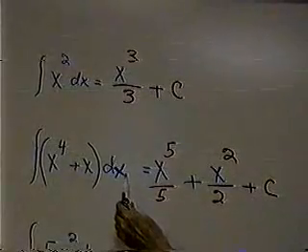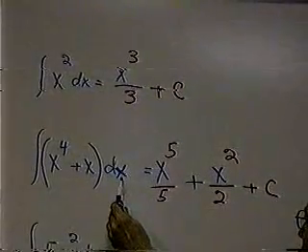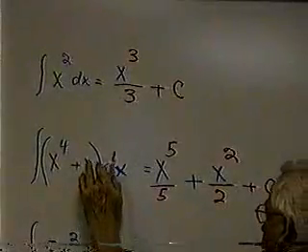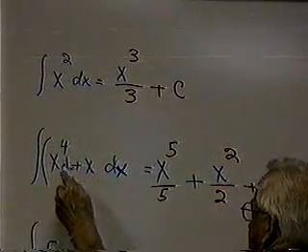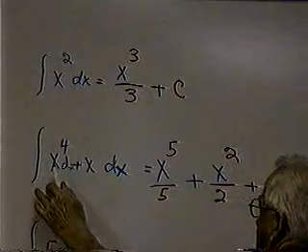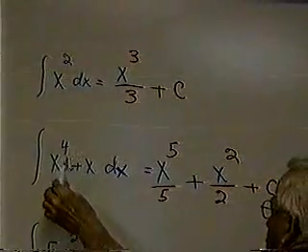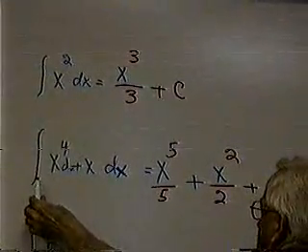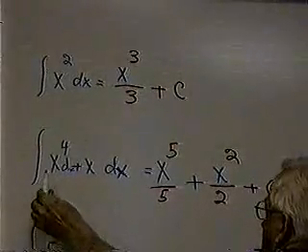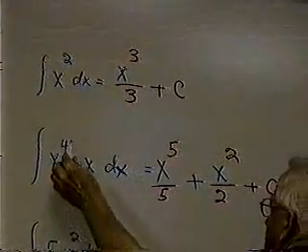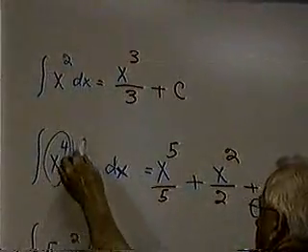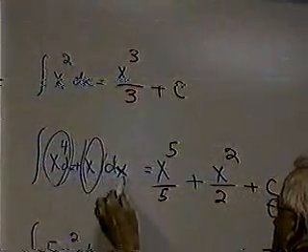What they're saying is that you distribute the dx to both of these. You really should have dx times the x and dx times the x to the 4th power. In other words, when you have the integration of x plus x plus x plus stuff, then you just simply do the power rule for each part.